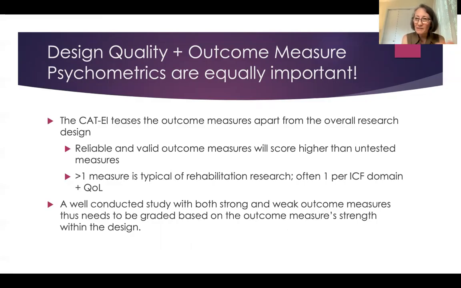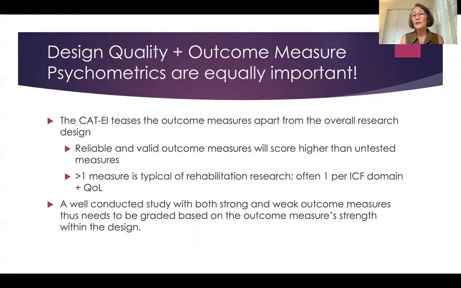There may be one specific outcome of a pharmacological study, but in rehab studies, we know we typically have more than one outcome measure. Often there are 3 or 4, one for every ICF domain, plus a quality of life measure, maybe a perceived exertion measure. And so when we have so many measures in a study, we need to look at each of those measures individually.